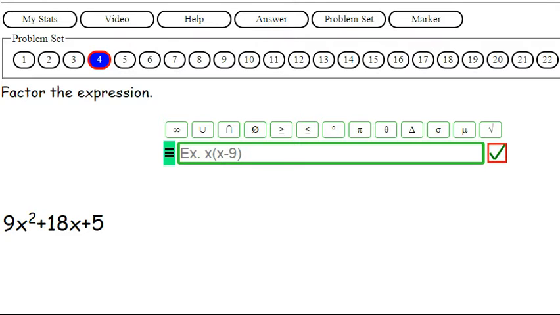9x squared plus 18x plus 5. 4.1. Alright. So this one here, we can't factor anything out, like in the last problem. Okay.